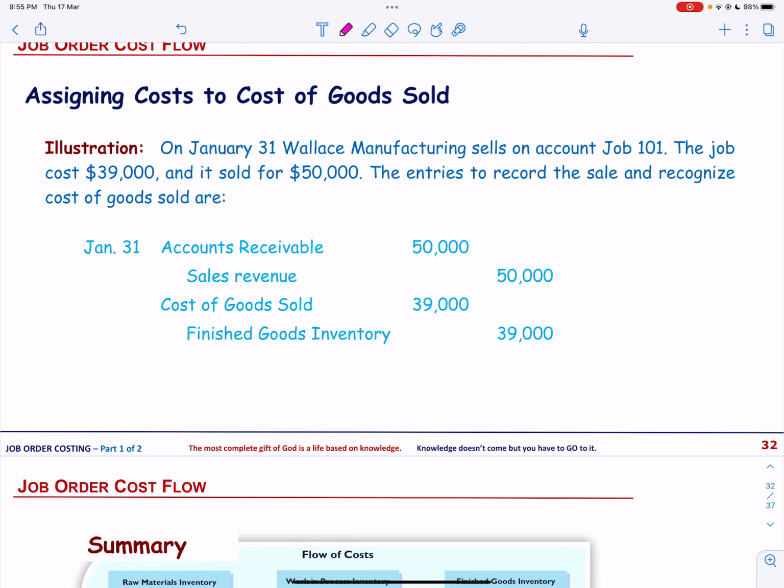On January 31, Wallace Manufacturing sells on account job number 101. The cost was 39 and it is sold for 50,000. So the journal entry for sales is accounts receivable debit and sales is credit. And then we will be recording the cost of goods sold, and cost of goods sold is debit and finished goods is credit by 39,000.